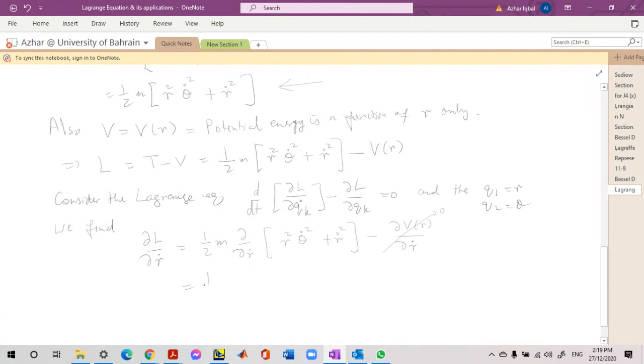So you are left with 1/2 m, and when you differentiate this, it becomes 2 r dot. So it becomes m r dot. I call this 1.